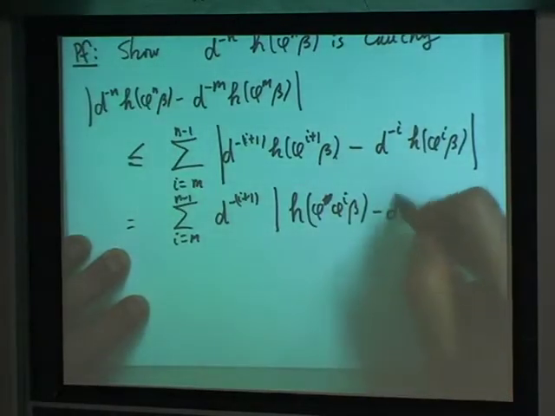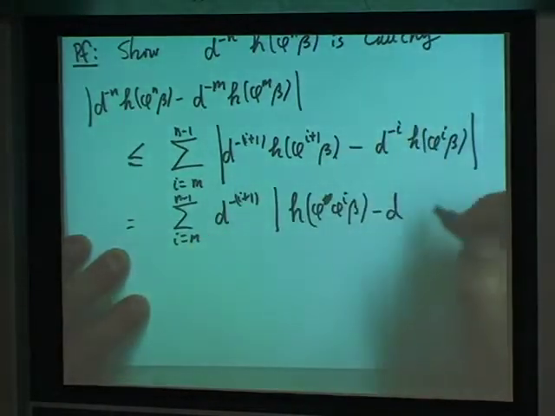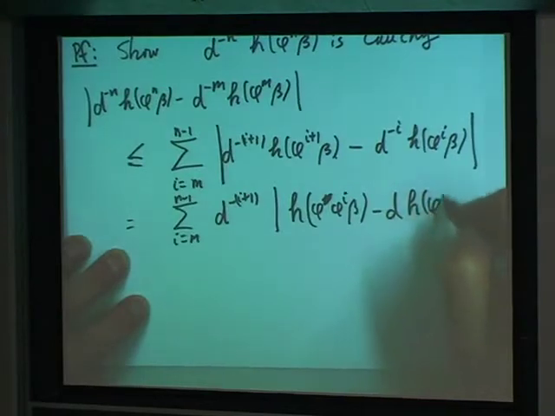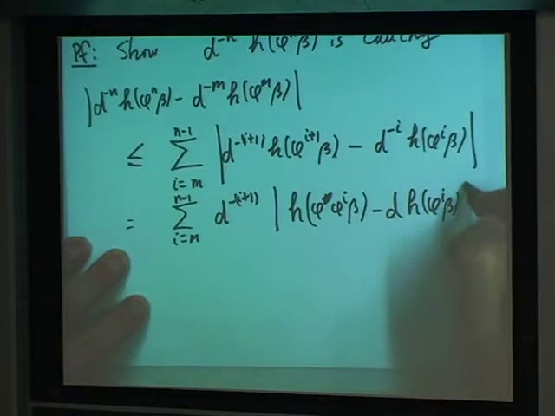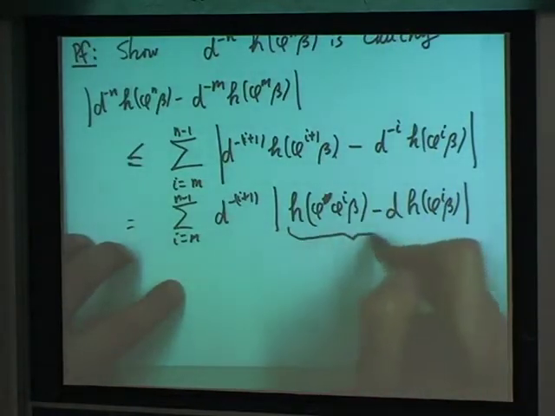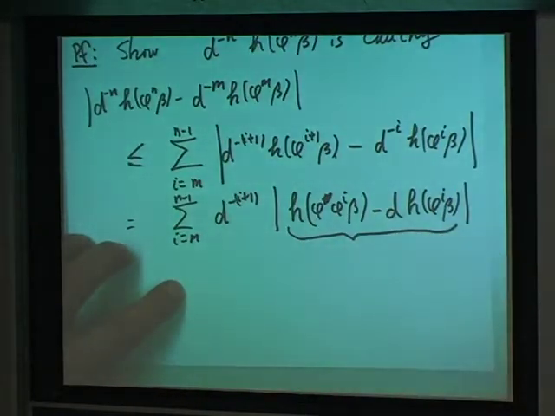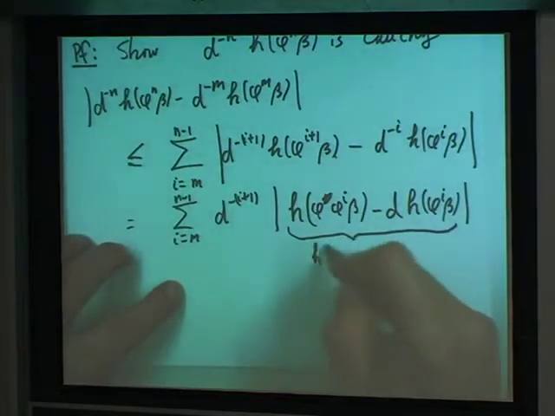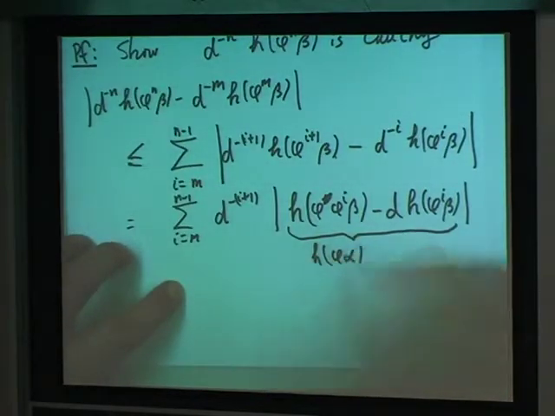Minus, I have an extra d here because I pulled out too many d's, and I have the height of phi^i(beta). Now, if you think about it, this quantity here is the height of phi of something, we call it alpha, minus d times the height of alpha.